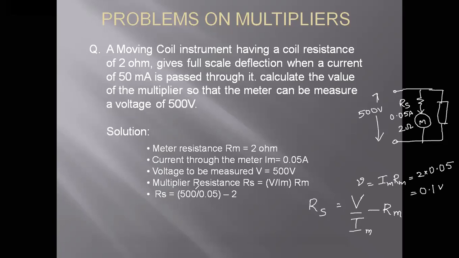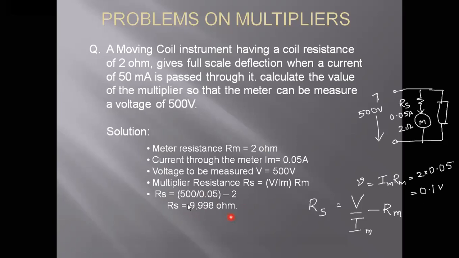So we use V, which is 500, by Im, which is 0.05, minus Rm, which is 2. Hence we get the value. 500 divided by 0.05 will give you 10,000. 10,000 minus 2 is 9,998 ohms.